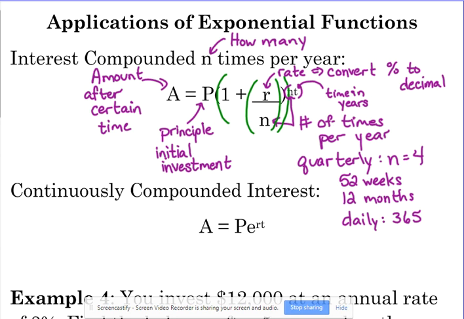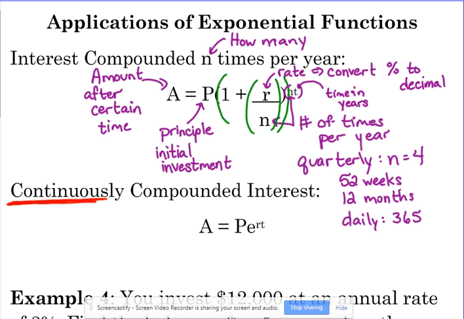If it is compounded continuously, okay, you must see this word, compounded continuously, in order to use Pert. Otherwise, it's the bigger, longer formula. But if it says continuous or continuously, it's Pert: A equals P e to the r t. So we don't have to worry about the number of times per year because it's compounded every instant, really.